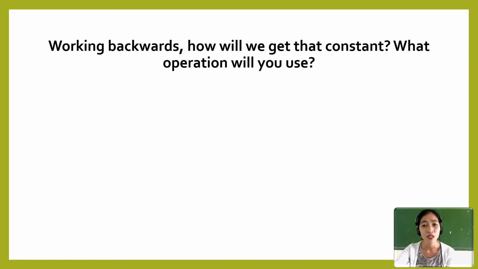So now, working backwards, how will we get that constant? What operation will you use to get the constant that is being added to each term if you work backwards? The answer is by subtraction.